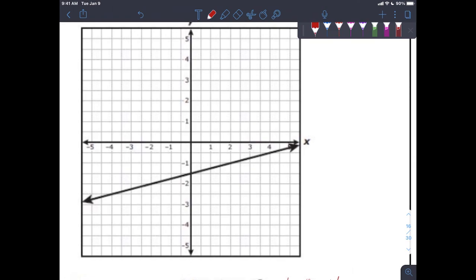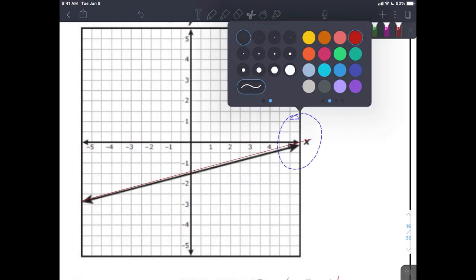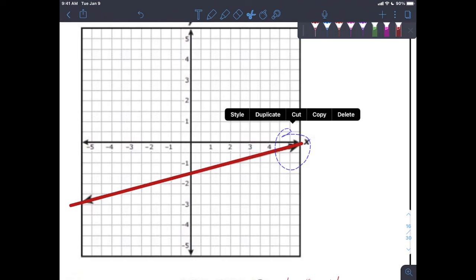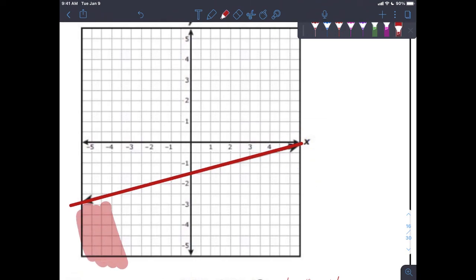So I'm going to go ahead and draw in my solid line, and let's make it a little bit chunkier there. There we go. All right, there's my solid line, and I'm shading below.